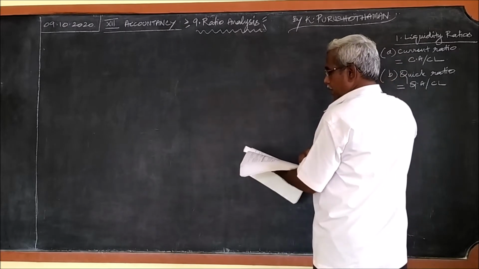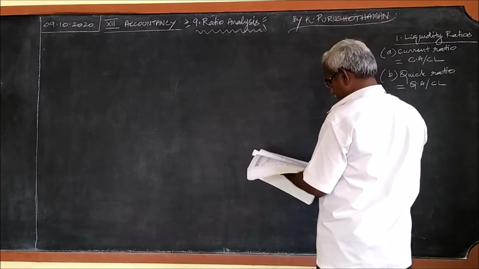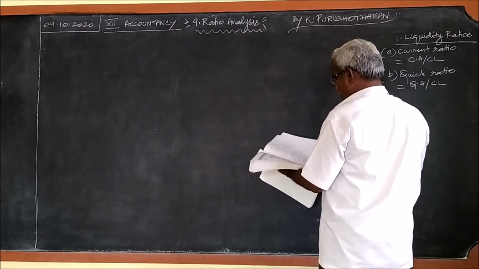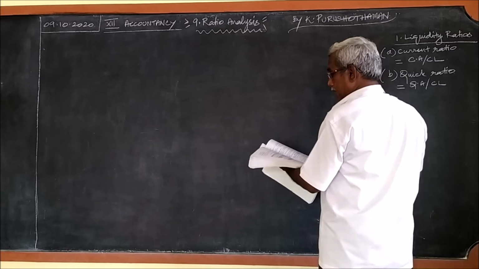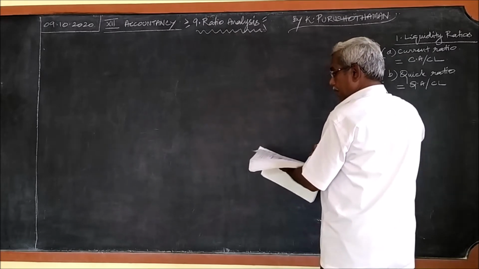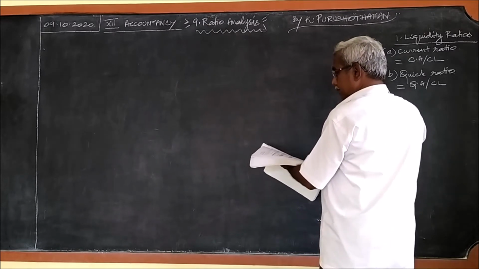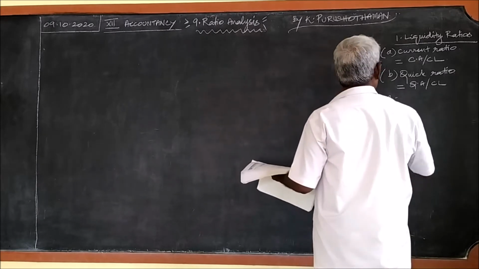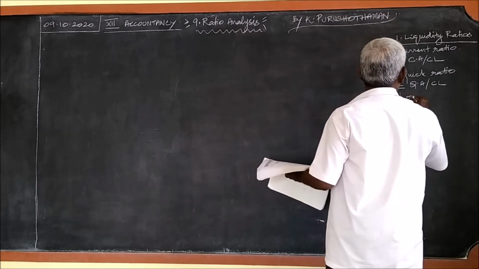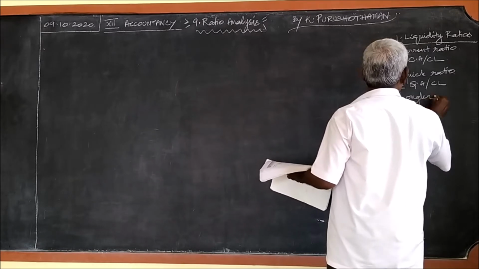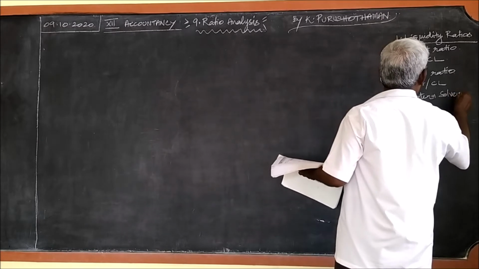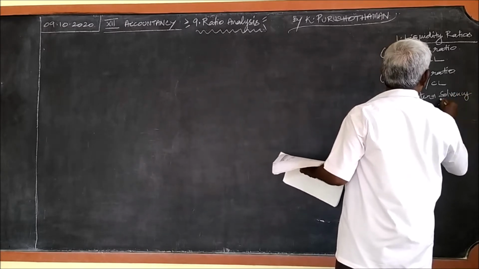Second type is long-term proprietary ratio, and under this the subheadings are long-term solvency ratios.